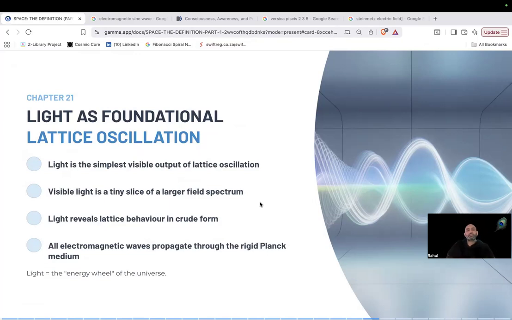It's not simply the light from the visible spectrum, but it's the full spectrum of electromagnetic radiation, from gamma to radio waves, microwave, and visible light as well. But it actually goes a little bit further, even more subtle: thought is also a part of the electromagnetic spectrum.